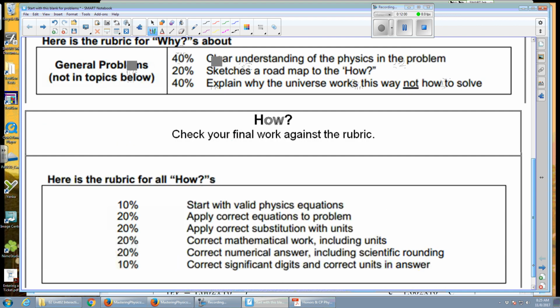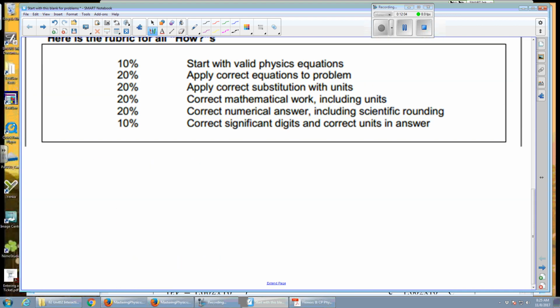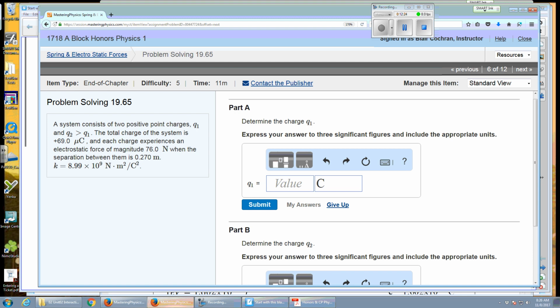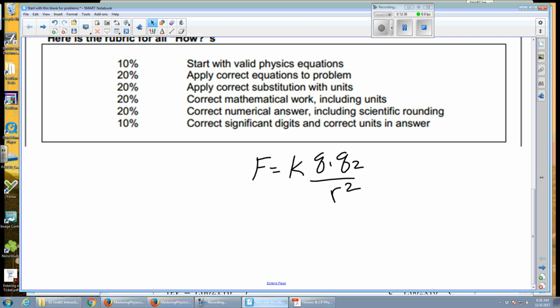All right, on to the how. So, you should start with a valid force equation. And let's see what they tell us. They tell us we've got two point charges. Q2 is greater than Q1. Total charge on the system is this. I'm going to write that down.